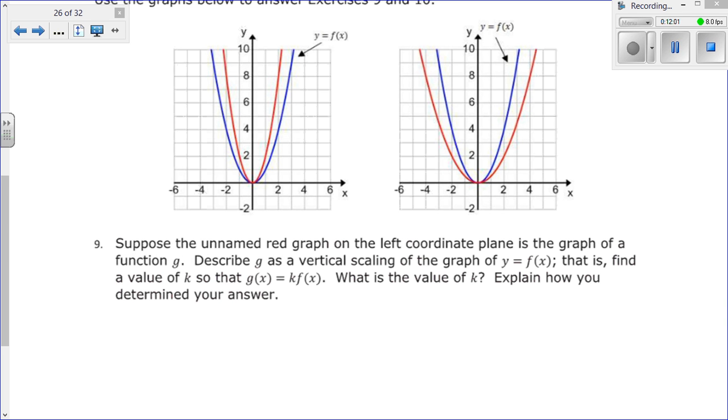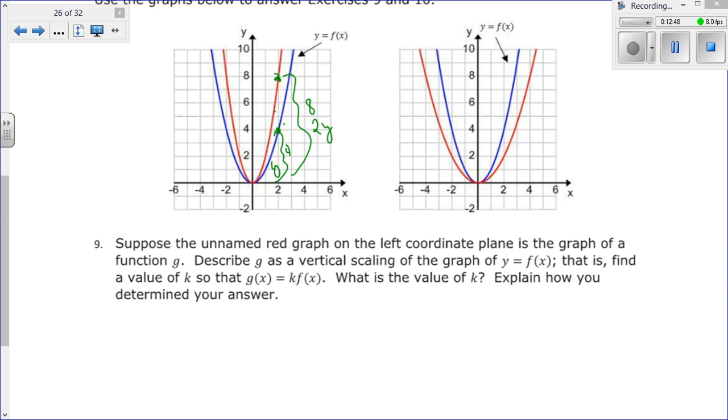But if we pick 2 points on the graph, if I pick when x is 2 on the blue graph, I have the point 2, 4. And this distance is 4. And if I go up to the red graph, I can see that this distance is 8. So my relationship from the blue parabola to the red parabola is going to be doubling the y value, because this would really just be y and this would be twice y.